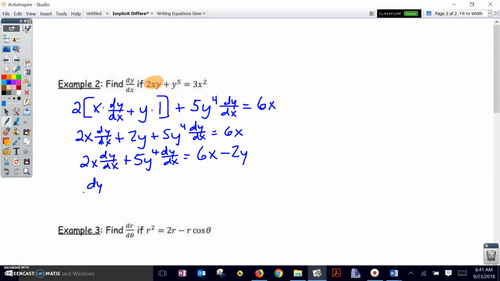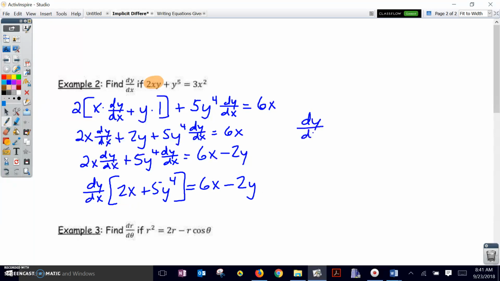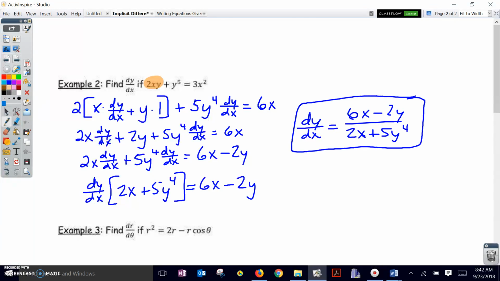I will factor my dy/dx out. And then to get dy/dx by itself, I'm going to divide both sides by the factor of 2x plus 5y to the fourth. And that gives us as our derivative 6x minus 2y over 2x plus 5y to the fourth.